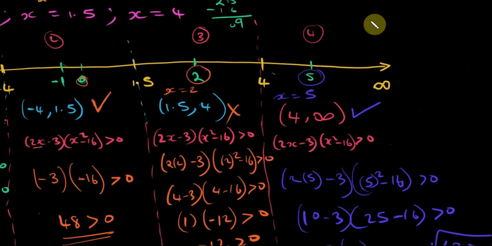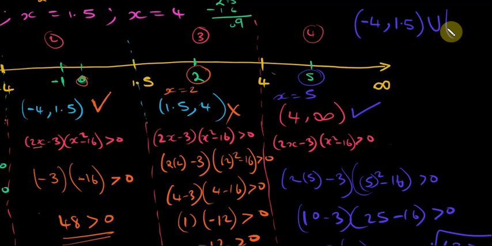So we'll have from minus 4 to 3 over 2, which is 1.5, and that includes the union, meaning together with which region?